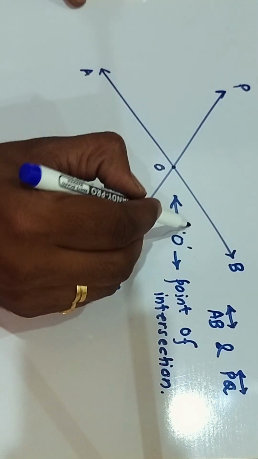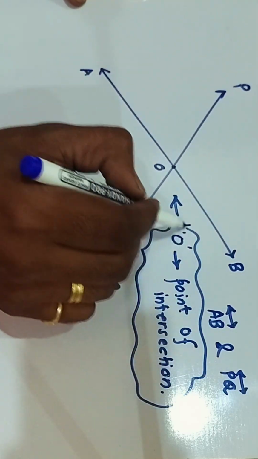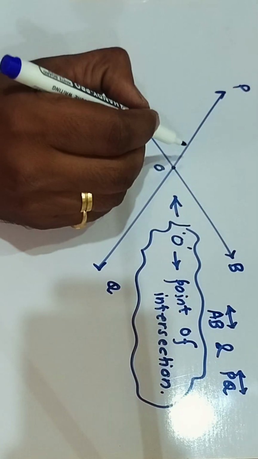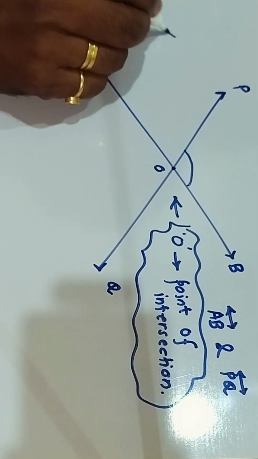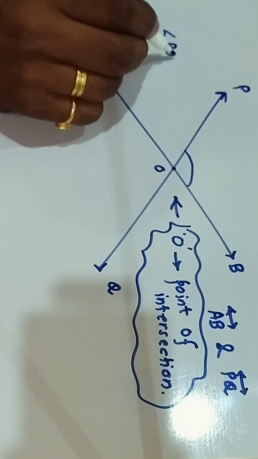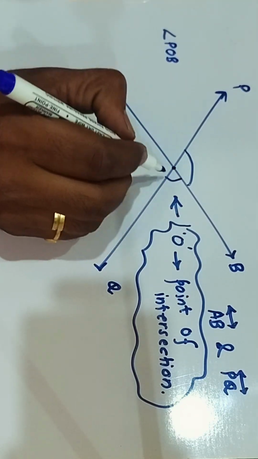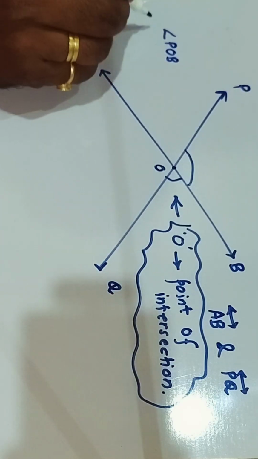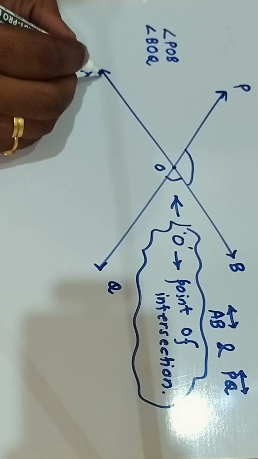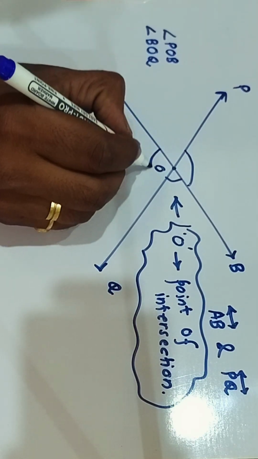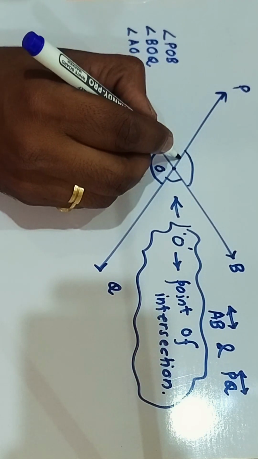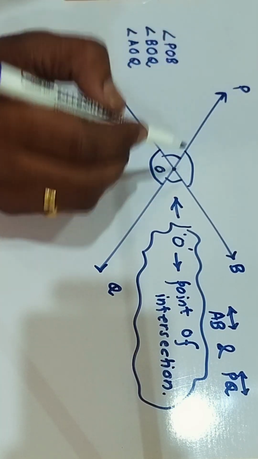And due to this point of intersection, it gives rise to four different angles. That is, the first angle is angle POB, second angle is BOQ, third angle is AOQ, and the last angle is POA.